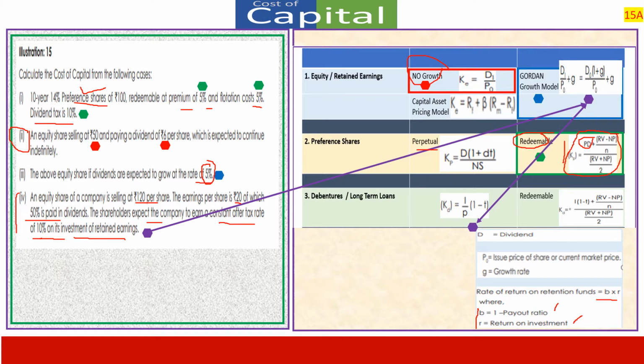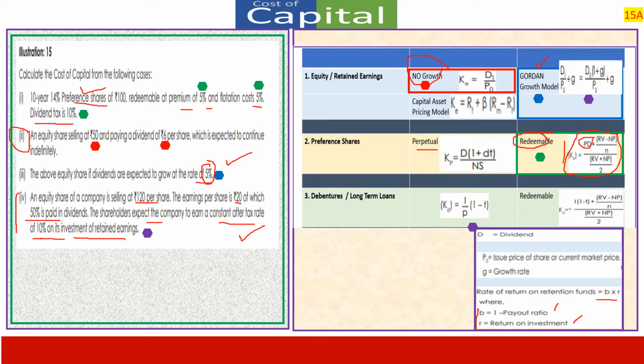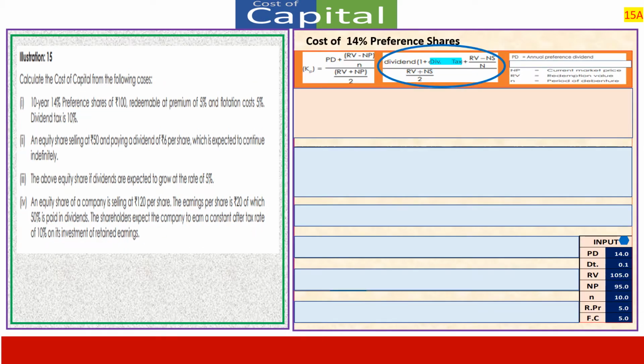But this problem of illustration 15 is predominantly focusing on Gordan growth model, one where G is given and another case where G has to be derived based on other inputs. With this background, we will go to the calculation of the first problem.